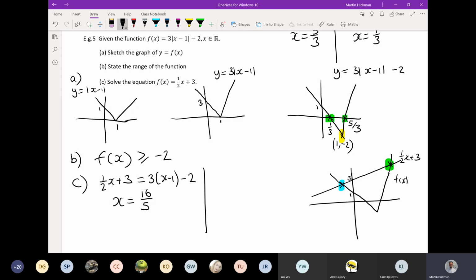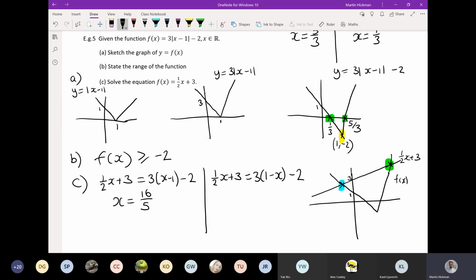For the solution in blue, now the half x plus 3, don't take negative of that because that hasn't been reflected. But if you look at that blue solution there, the line of x minus 1 has been reflected. So you need to solve 3 times 1 minus x, so you need to make that bit negative, and then take away the 2.